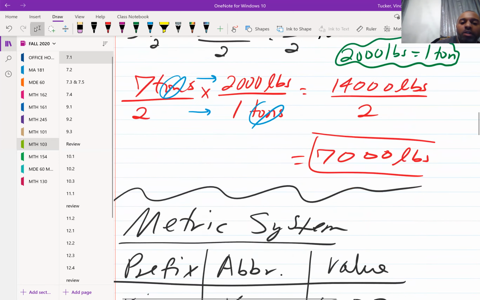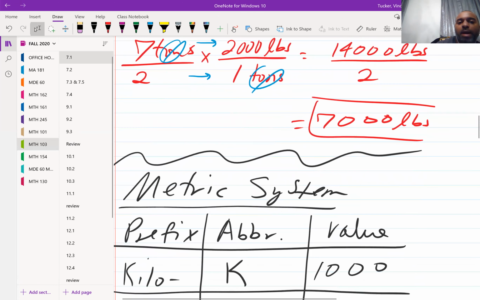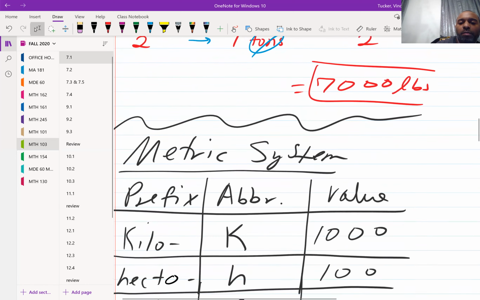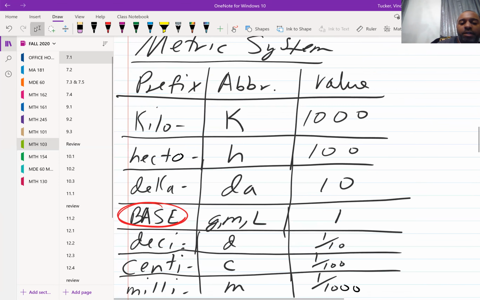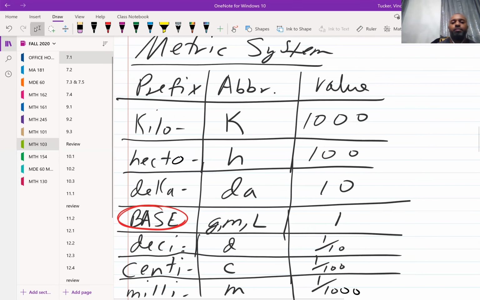All right. So looking at the metric system, and we'll come back to that because I believe I got some up here when you're going from metric to US, US to metric. Metric system, you know, here are your basic prefixes: kilo, hecto, deca. Then our base, that's going to be grams, meters, or liters.